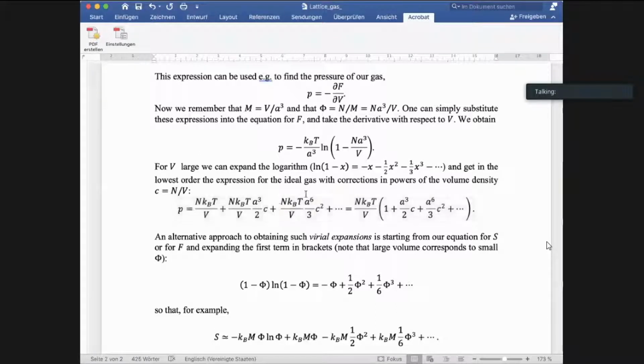If I bring this thing to the outside everywhere, I get the corrections in powers of the volume density, where volume density is N divided by V. And the corrections here, this has a dimension of volume, this has a dimension of volume squared. They all have the corresponding dimensions of volume to the corresponding power. And this is called the virial expansion. So these are essentially the virial expansion, the virial coefficients C.